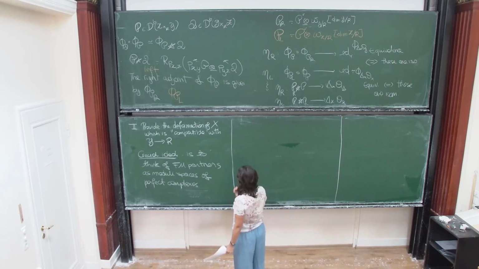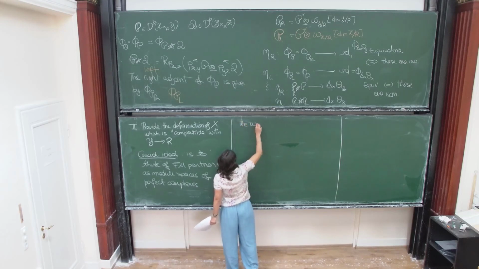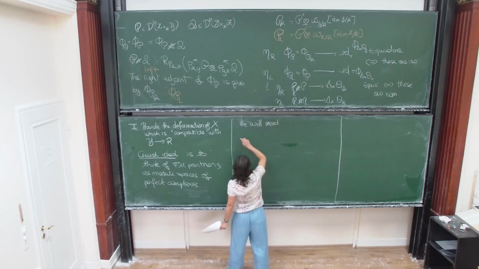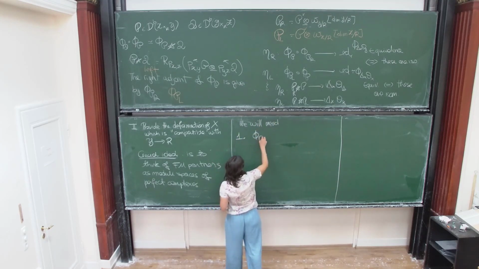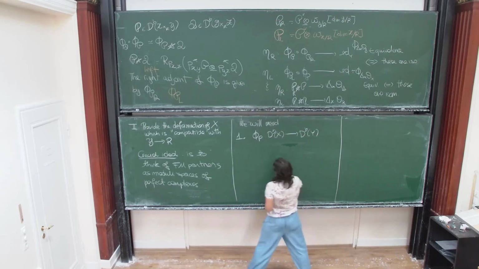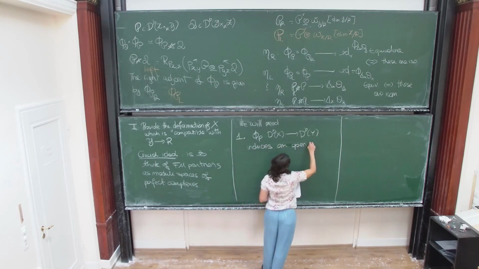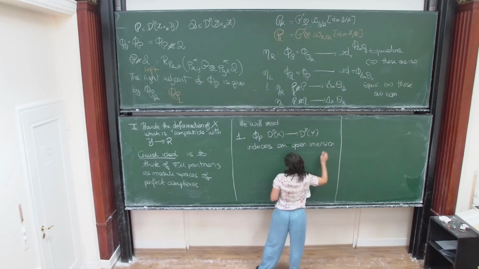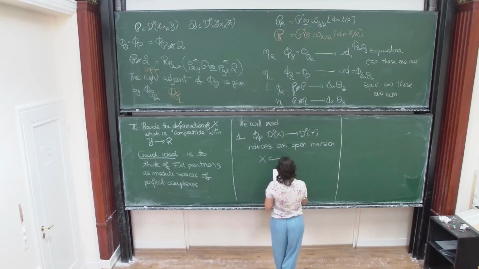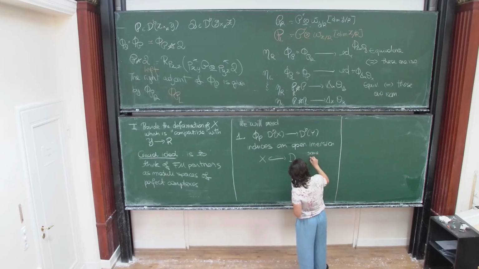So what we have to prove is that an equivalence from D^b(X) to D^b(Y) induces an open immersion of X in some DY, where DY is some moduli space of perfect complexes.